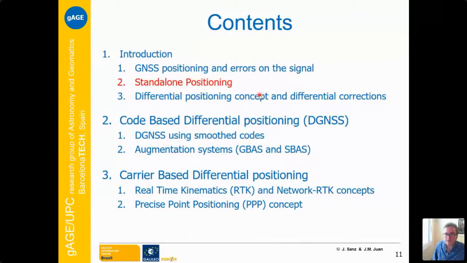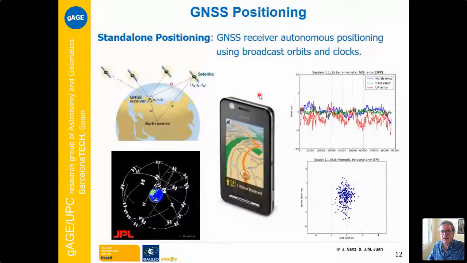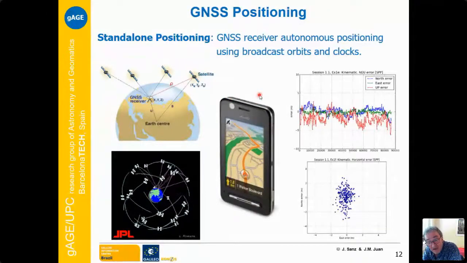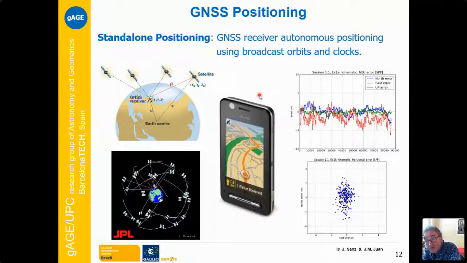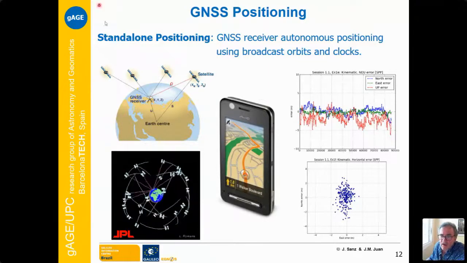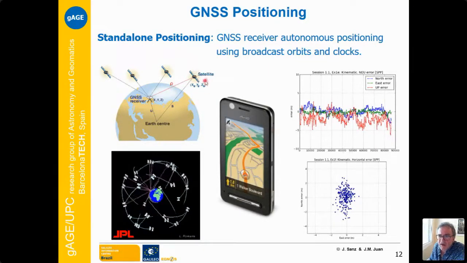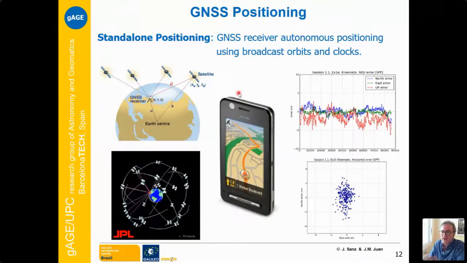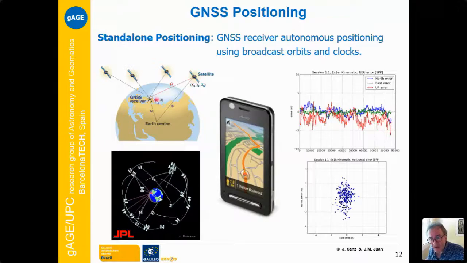Okay, once we have been talking about GNSS positioning and errors in the signal, we can go to standalone positioning. As I commented before, standalone positioning is the autonomous positioning using only the signal from satellites without any augmentation, without any additional information.